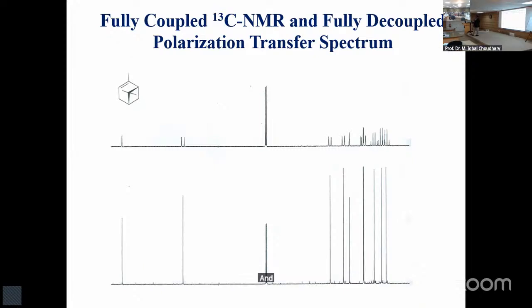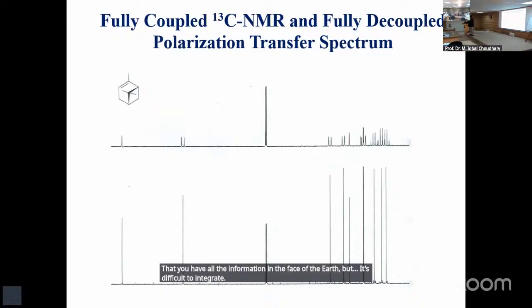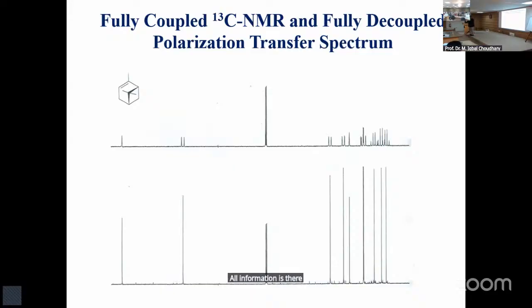The problem was that when you increase the sensitivity and get a nice spectrum like this, you come across another problem of interpretation, which you will see. You have all the information in the world, but it's difficult to interpret. All the information is there, even for this small spectrum, but interpretation is difficult.